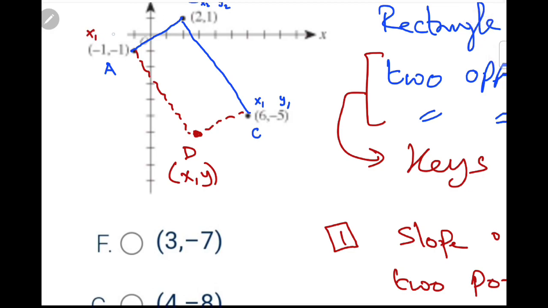So for the slope of AD, we can call this x1, y1, and now we can subtract the y coordinates and divide by the subtraction of the x coordinates.